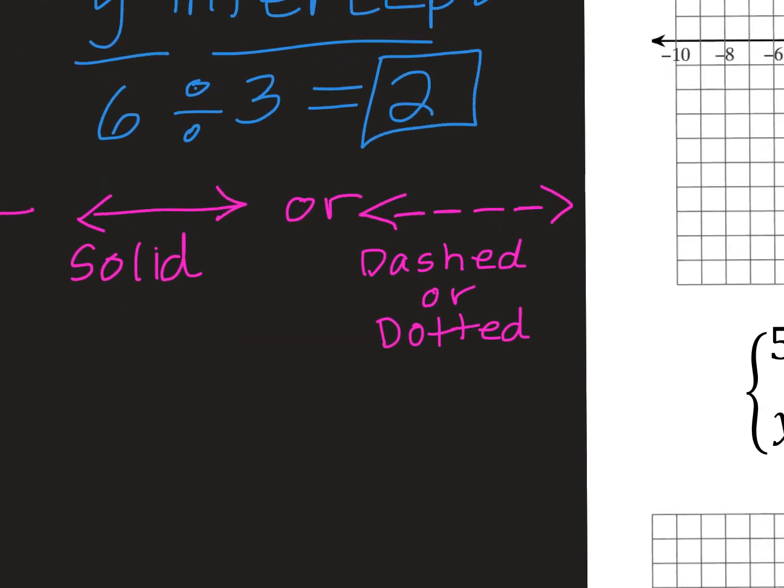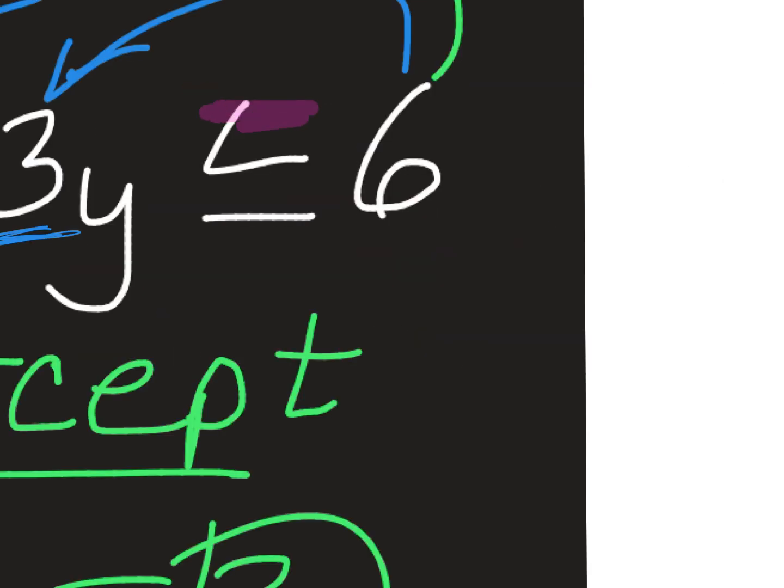And remember that a solid line is what we use if we have an inequality that features an equal to. And a dashed or dotted line has no equal to. So looking at that inequality symbol, we clearly have an equal to sign.